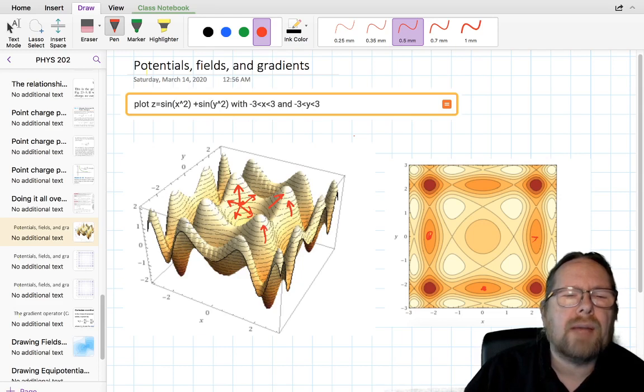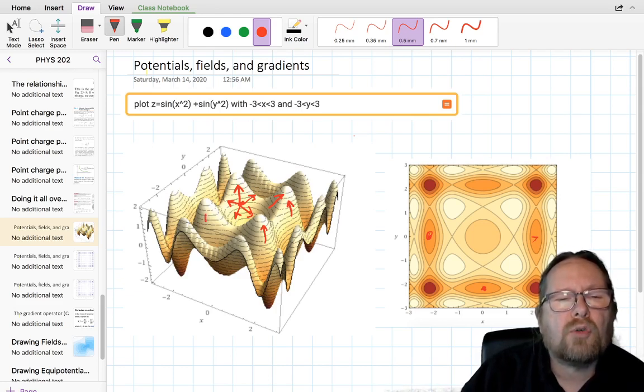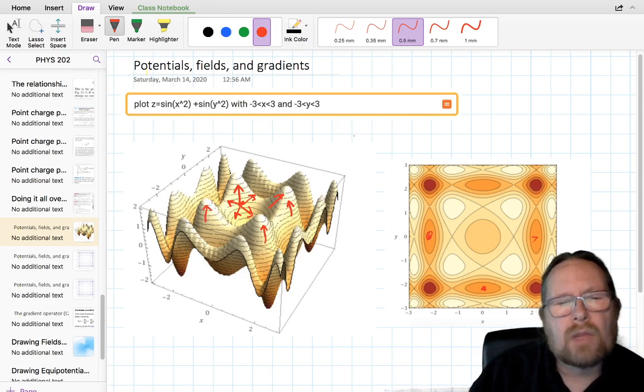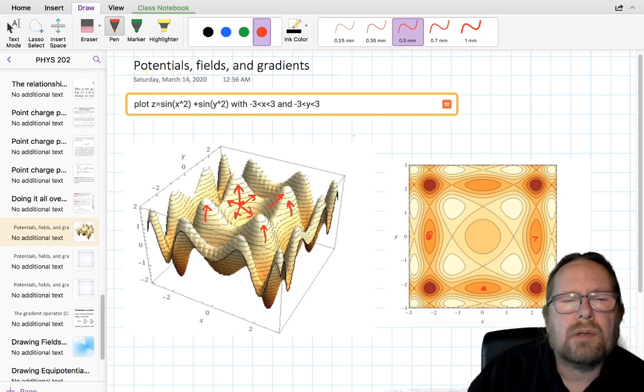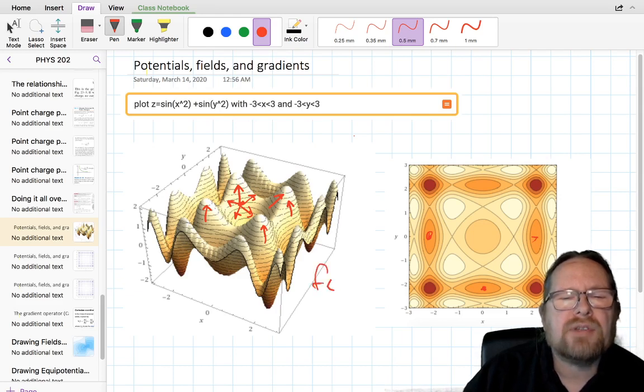If you were imagining this as a bunch of hills that you were standing on, the gradient operator tells you what direction you would walk in order to ascend the steepest direction on that surface. So this function, if we call it f of xy, is a scalar function. But the gradient, usually written with this upside-down triangle, of f of xy, is a vector that tells you in what direction that function is increasing the steepest and what the slope is in that direction.